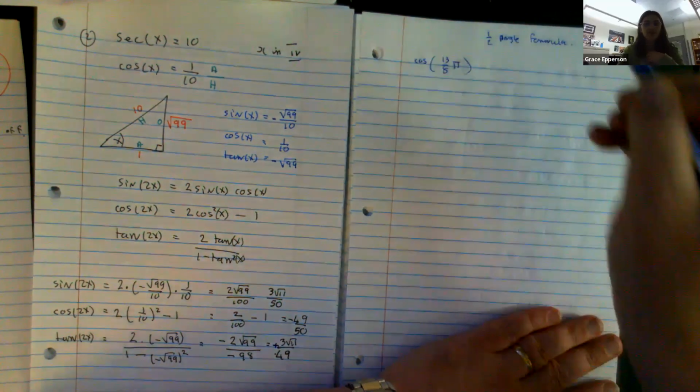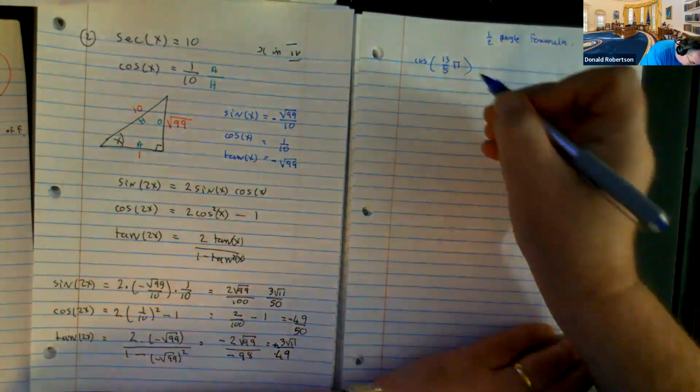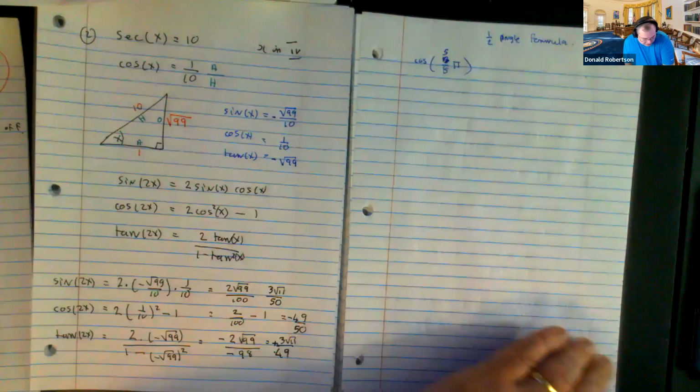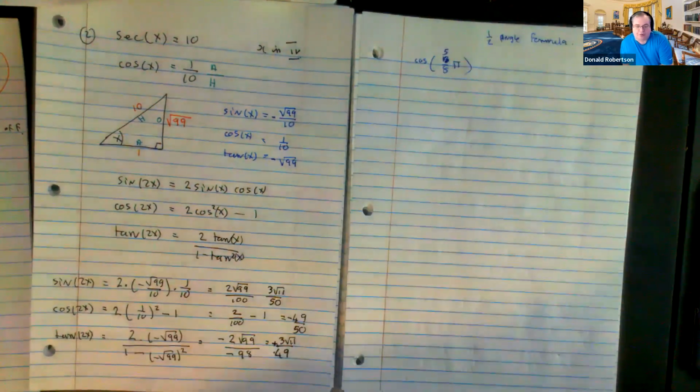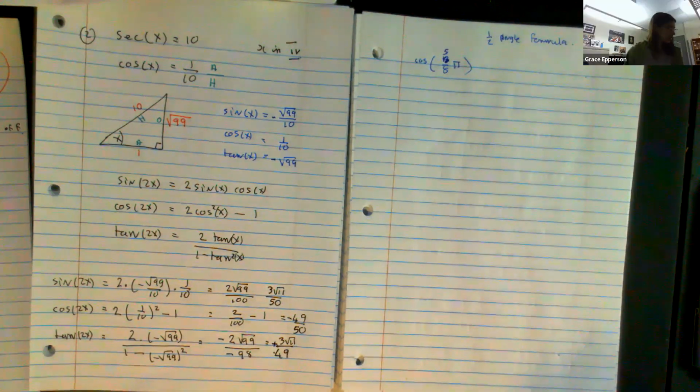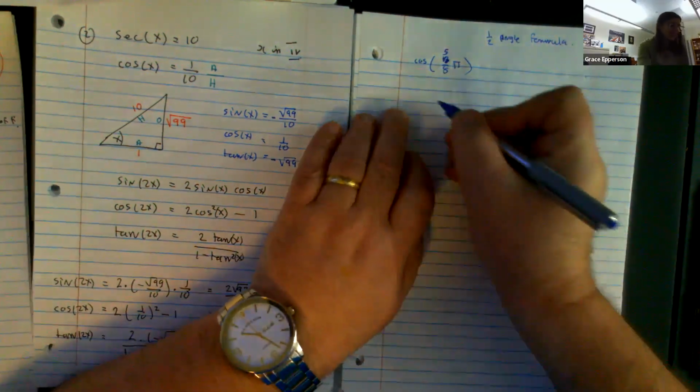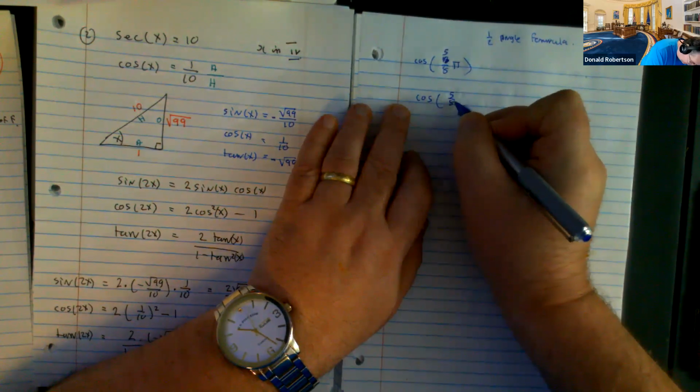Mine has 5/8 pi, so we'll change it to 5/8 pi. We are still going to have to use the exact value, right? So you're not allowed to just plug into your calculator and get 9.1234. Unfortunate, it would make life a lot easier if they allowed that.